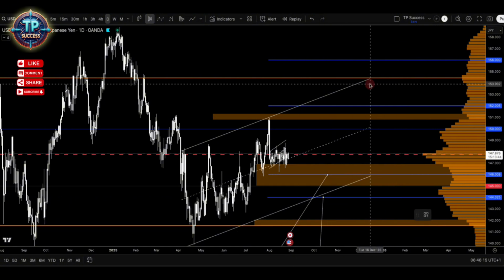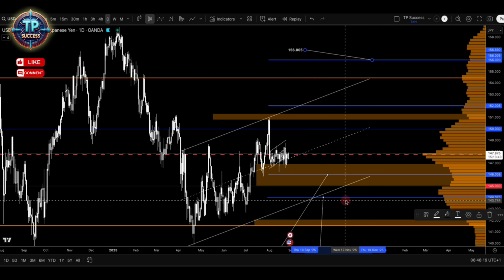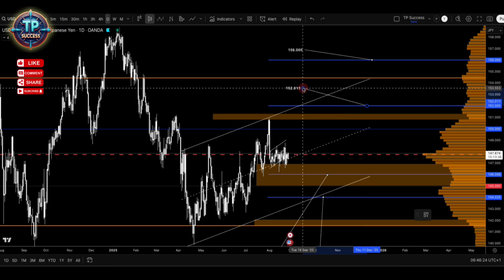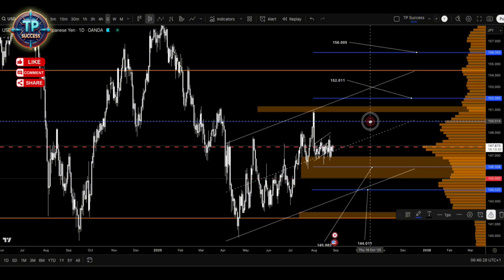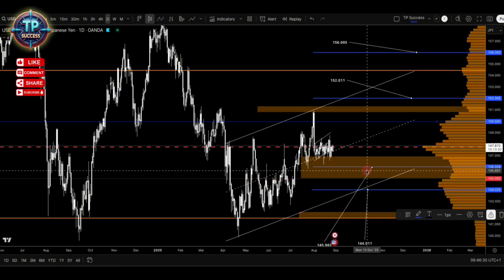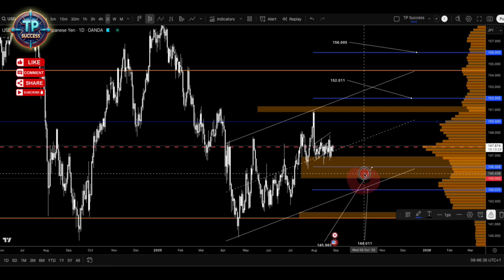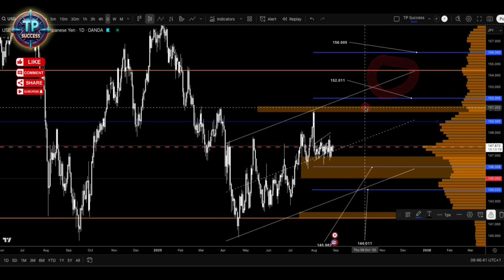So I'm going to put some labels on this, so at least we can track what we said about that area as well. And we're going to keep an eye on USDJPY to see if and when it's going to decide to make a move to either the downside or the upside.